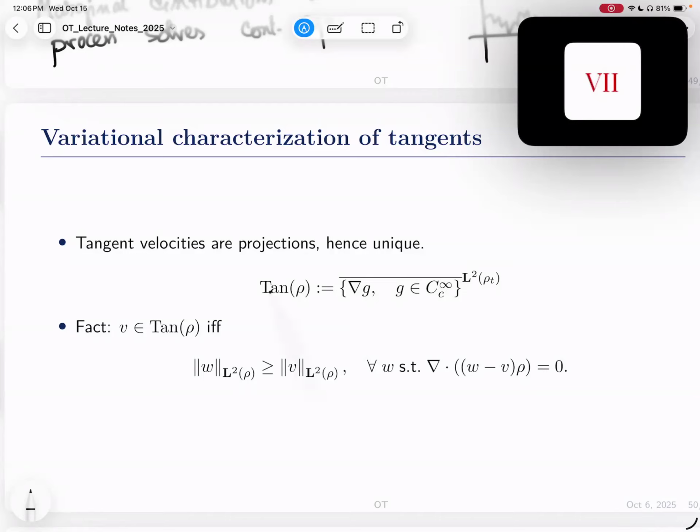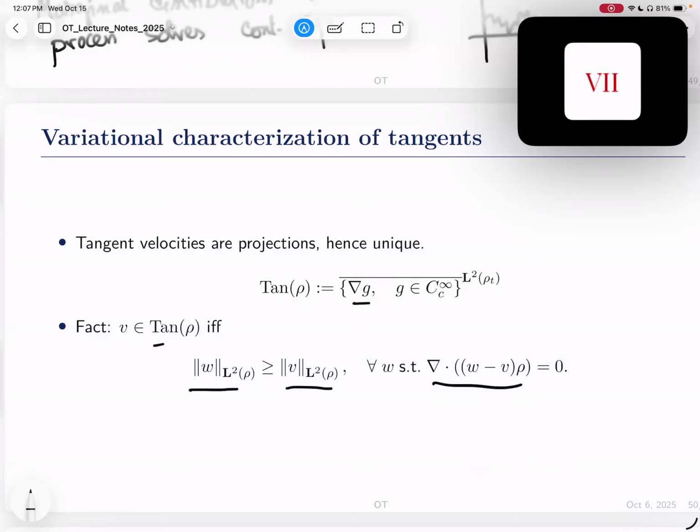So if I take my rho, my tangent space at rho is the closure in L2 of the gradient of G, with G smooth and compactly supported. And so a vector valued field is in the tangent space if and only if its L2 norm is the smallest among all possible L2 norms of the solutions of the zero flux condition, which will give the same continuity equation, that the divergence of W minus V rho is equal to 0.